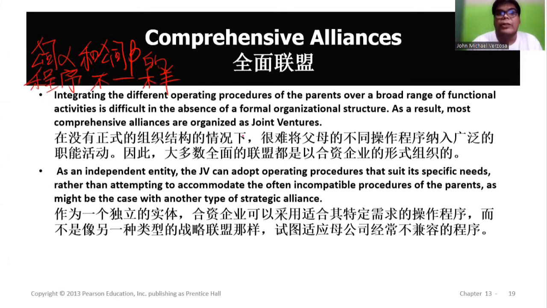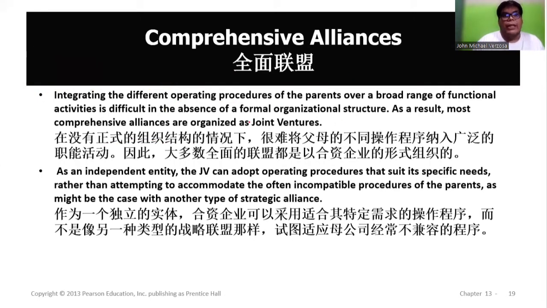So integrating the different operating procedures of the parents over a broad range of functional activities is difficult in the absence of a formal organizational structure. As a result, most comprehensive alliances are organized as joint ventures. As an independent entity, the joint venture can adopt operating procedures that suit its specific needs, rather than attempting to accommodate the often incompatible procedures of the parents.